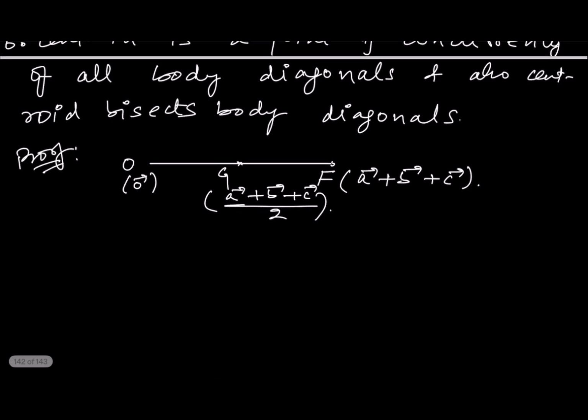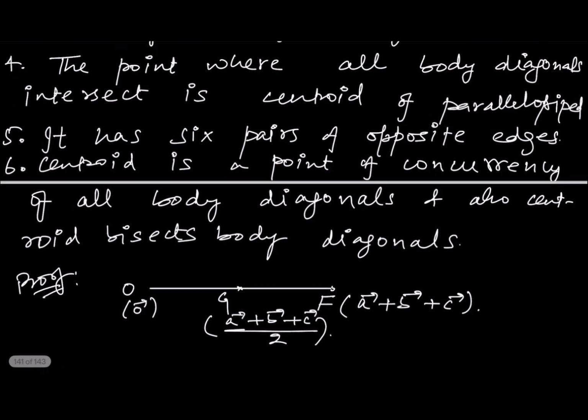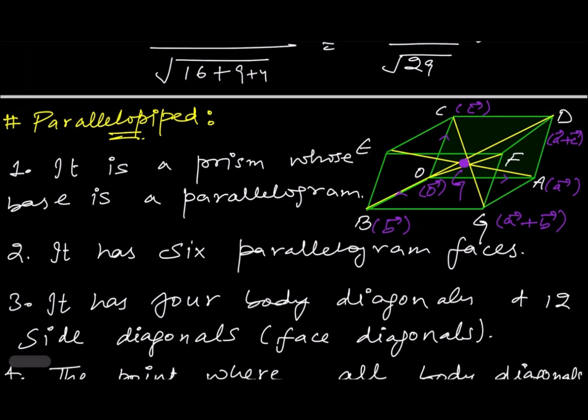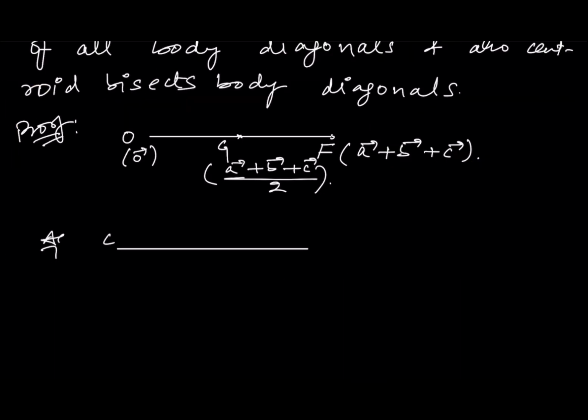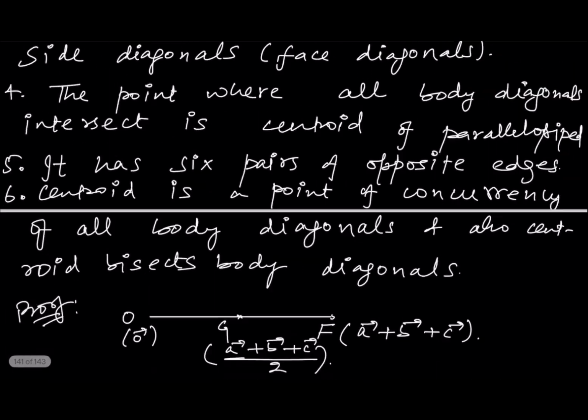Now also, one of the body diagonals is OF and another body diagonal is CG. So C has position vector c and G has position vector a plus b.